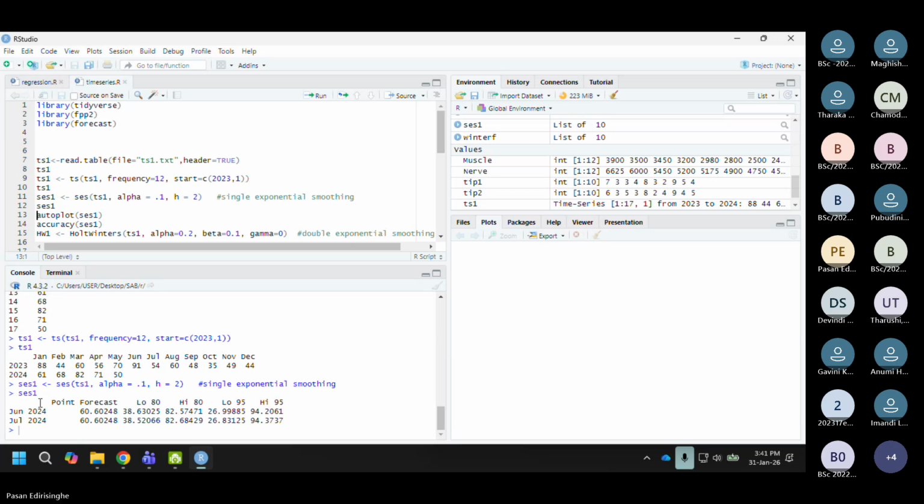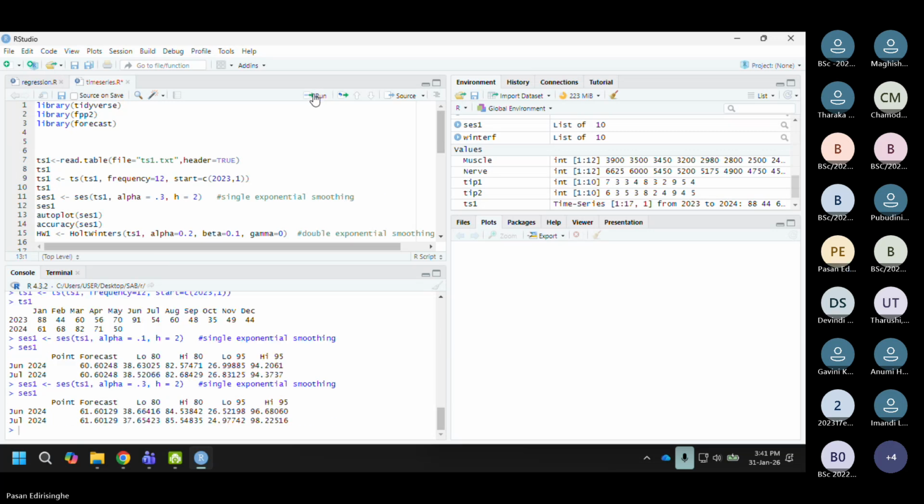Okay. So with alpha equal 0.1, we can change the alpha up to say 0.3. Now you can see that it changes to 61.6. So like that you can do the predictions, right?